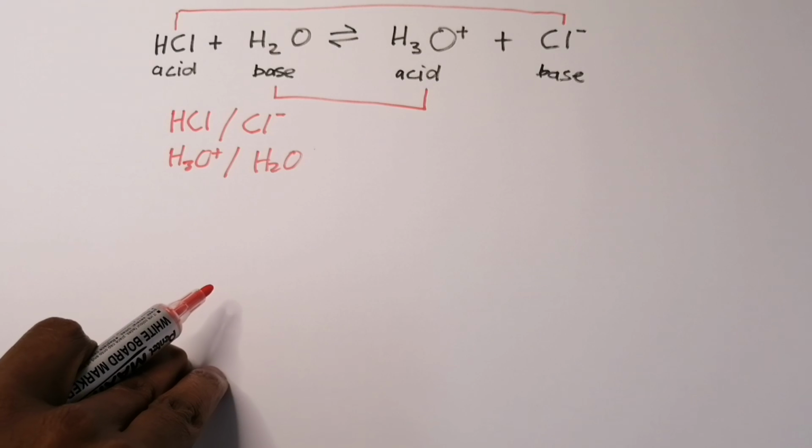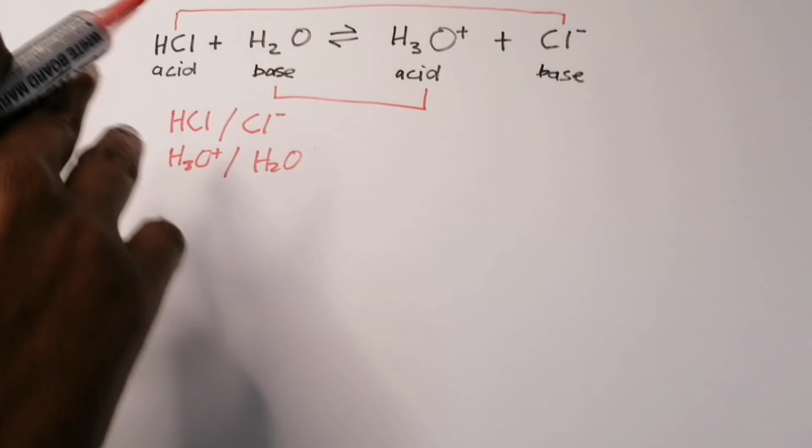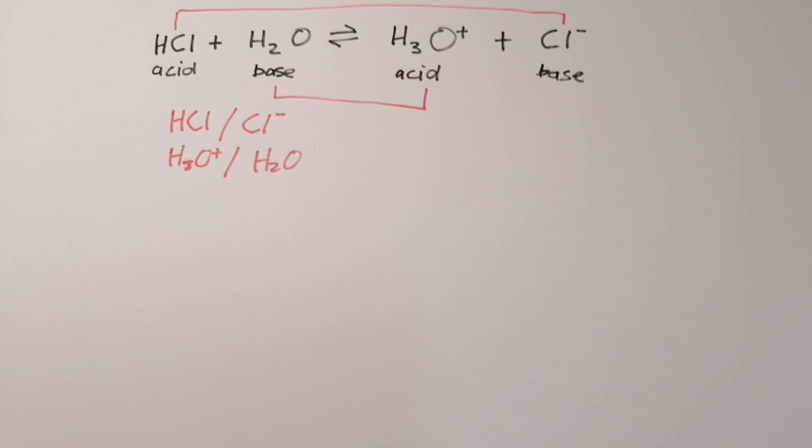Now, very quickly, I want to show you. We could have written this reaction in a different way. And what is that? Right? So essentially, what are we doing here? We are simply just taking hydrochloric acid, there's a tongue twister there, hydrochloric acid, and we are simply ionizing it.